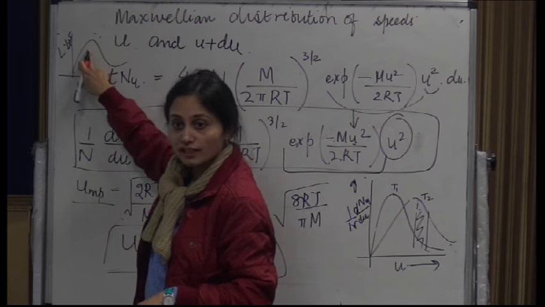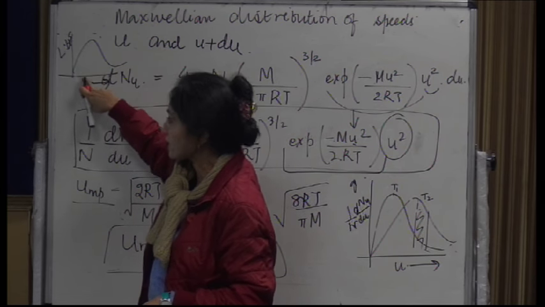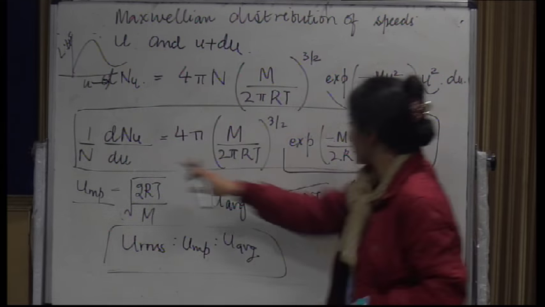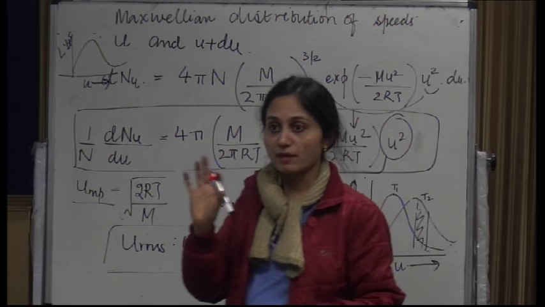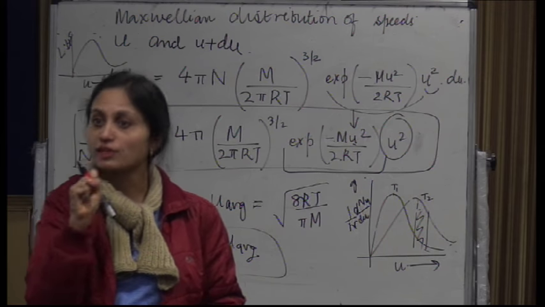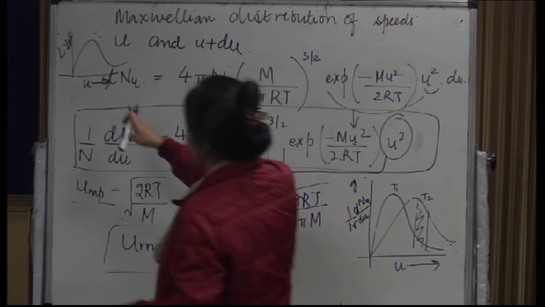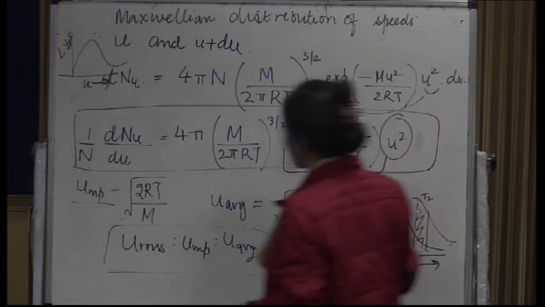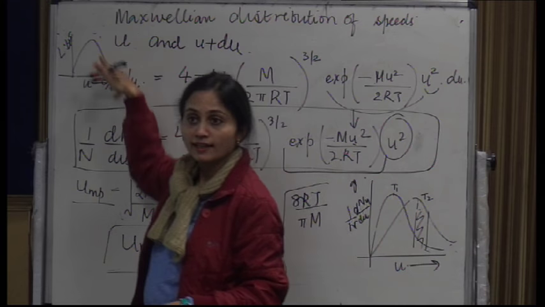Initially this fraction increases with increase in u. Why? Because your factor is directly proportional to u square. It is the u square term which is primarily important because your exponential term is small enough. After a particular range of u, the exponential term also becomes important, because of which there is then an exponential decay.